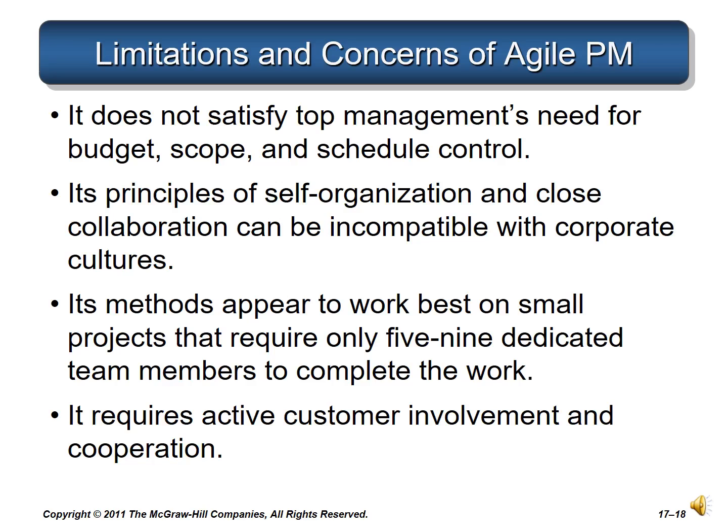As I mentioned earlier, Agile methods appear to work best on small projects that require only 5 to 9 dedicated team members to complete the work. Here, face-to-face communication replaces time-consuming documentation and informal coordination supplants top-down control. Although some companies have successfully applied Agile project management to large projects, others have struggled with the scaling challenge.